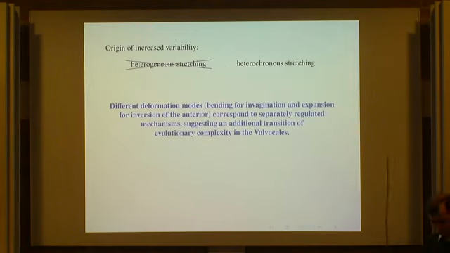Because now this is suggesting that these different deformation modes of the intrinsic bending for the invagination and the stretching for the inversion of the anterior hemisphere also simply correspond to separate processes that have temporal leeway with respect to each other.